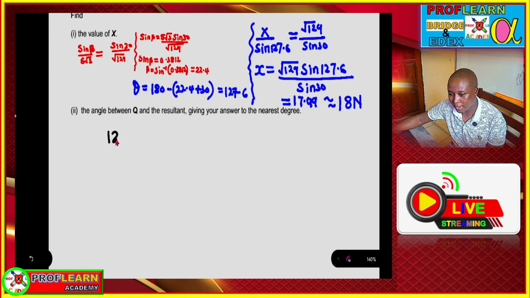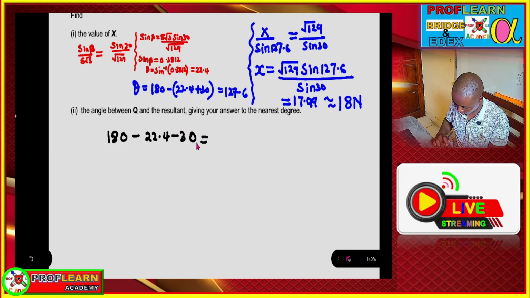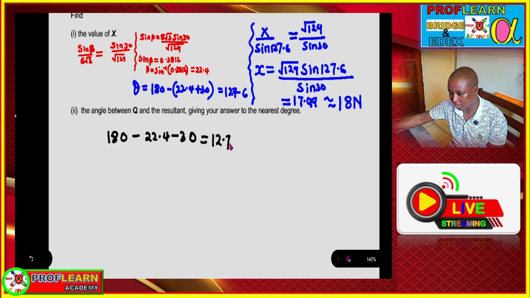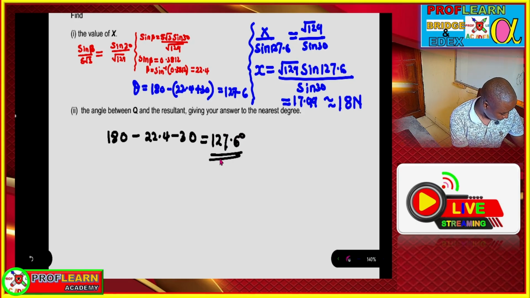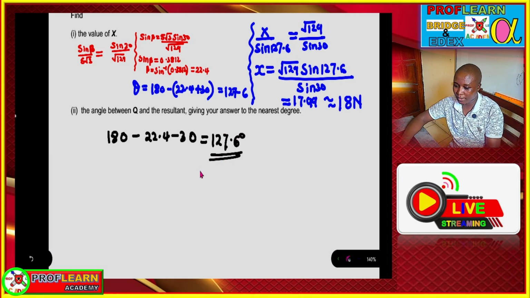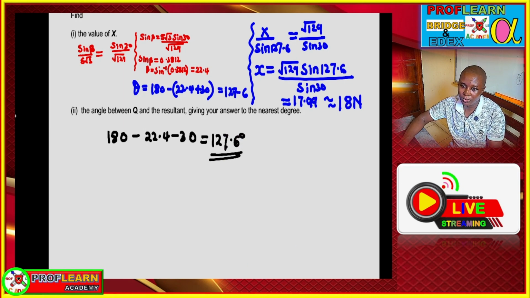We say 180, subtract 22.4, and then subtract 30, which translates to 127.6 degrees. So that's what we are getting at that point.